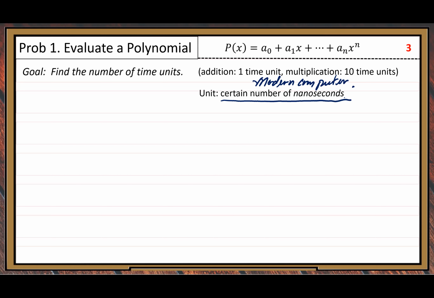And multiplication, approximately 10 times of that. So we use that as the time unit.